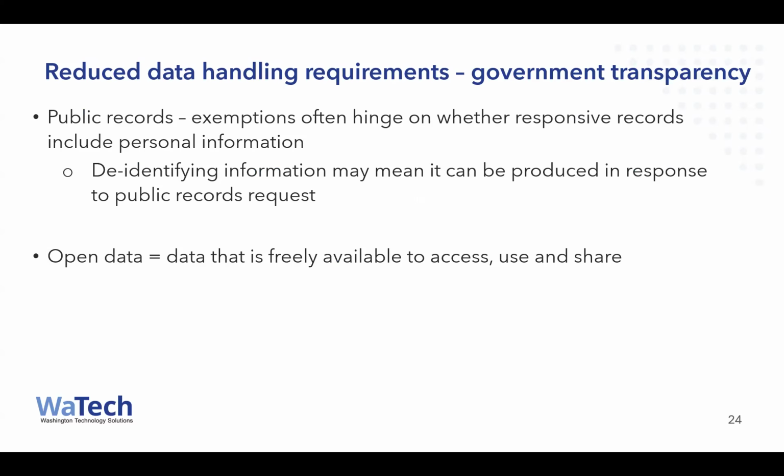So when we're thinking about public records requests in particular under the Public Records Act, the exemptions that apply for personal information often hinge on whether responsive records have personal information or not. So de-identifying information is a way that allows us to meet our public records demands around transparency and maintaining public trust, while also protecting privacy.